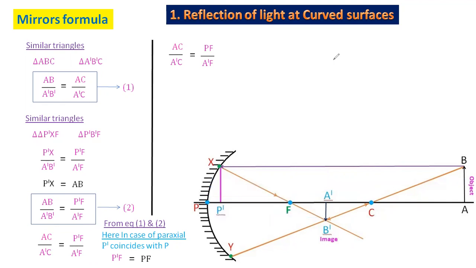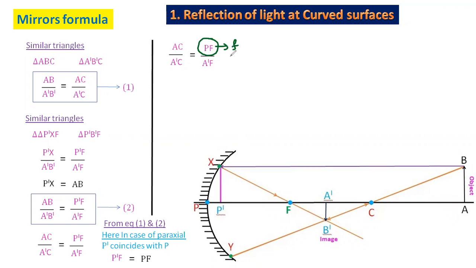So here, in the relation that I got, what is PF? Pole to the focus distance. So what can we write? PF equals F, pole to the focus.